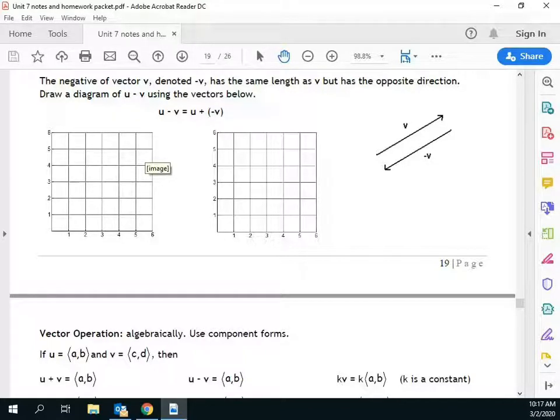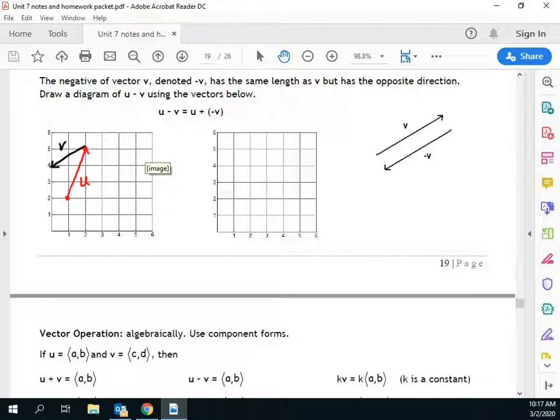So again, what we started off with, this is u minus v. Well, in our first problem, plus v took us to here. But we've got to go the very opposite direction. We don't go down 1 and left 2. We go right 2, up 1.